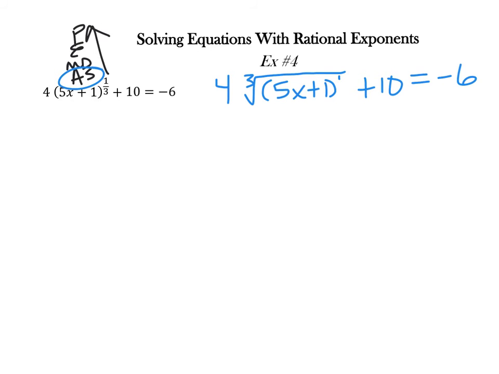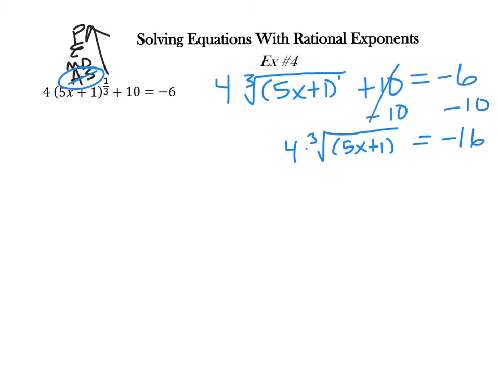I have this positive 10, so I'm going to subtract 10 on both sides. Leaving me with 4 times the cube root of 5x plus 1 equals negative 16, right, because these cancel.